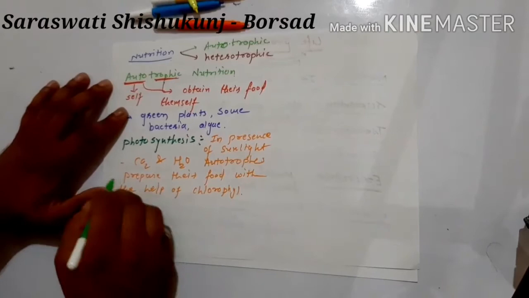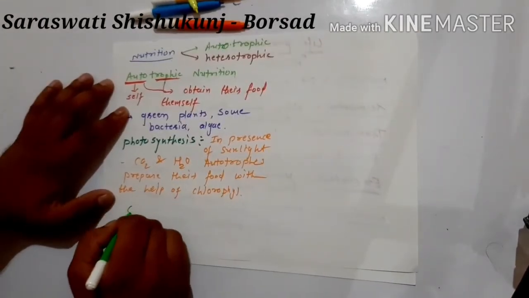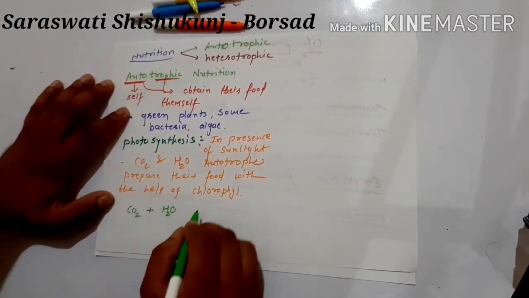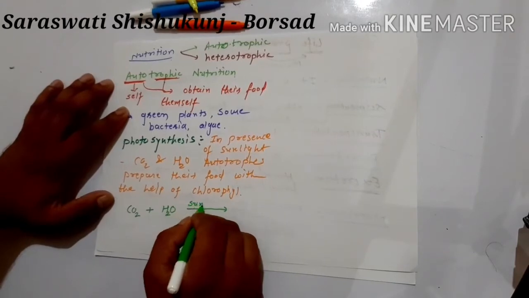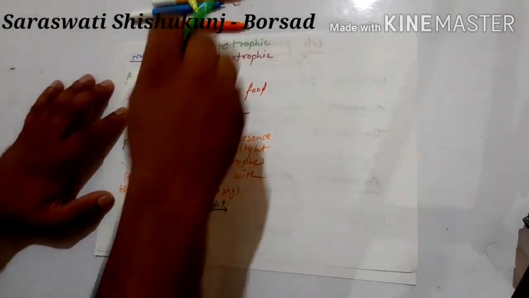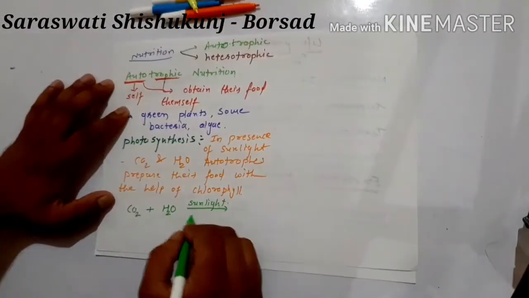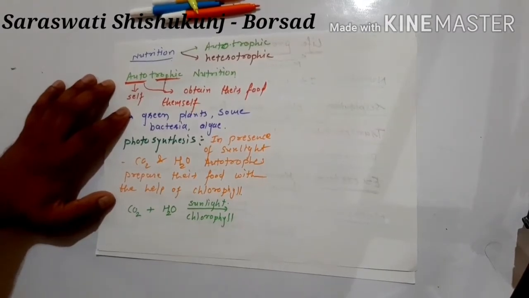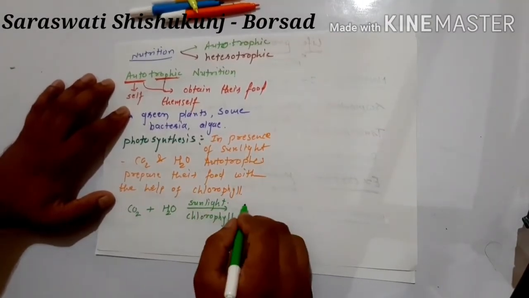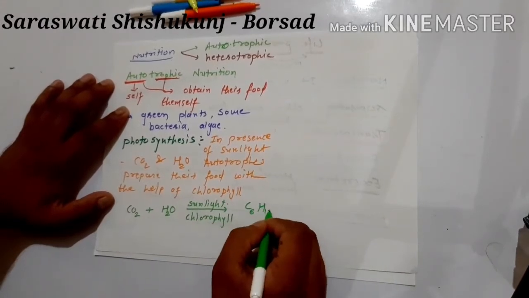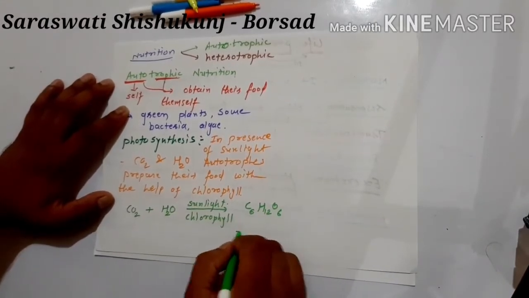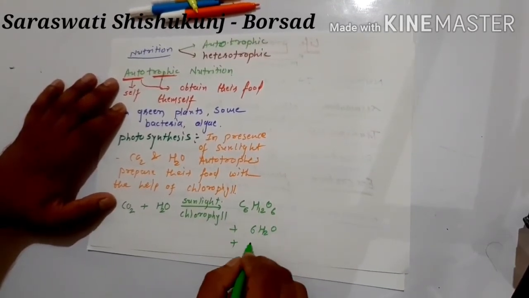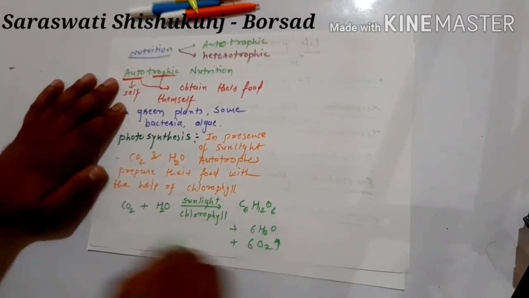During photosynthesis, as we discussed, carbon dioxide plus water is used in presence of sunlight, and by using chlorophyll which is present in plants, they prepare C6H12O6, that is glucose, plus 6H2O plus 6 moles of oxygen gas.